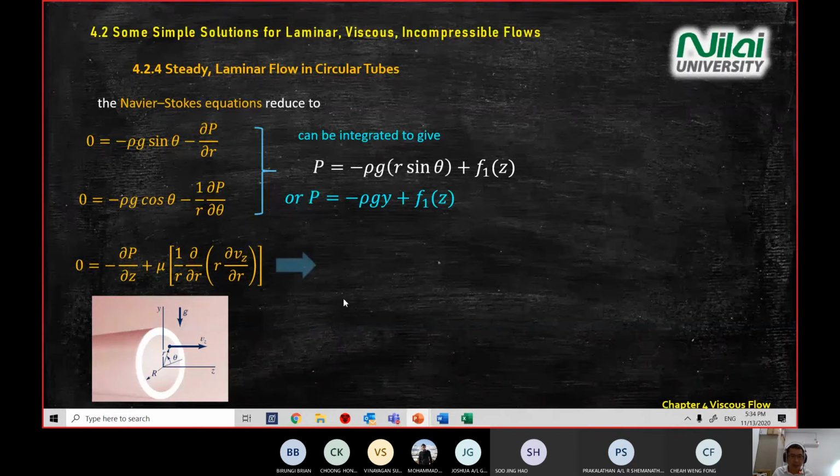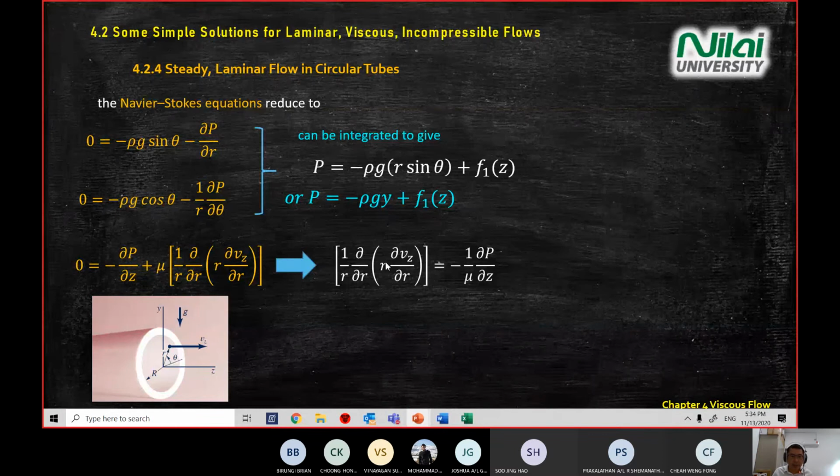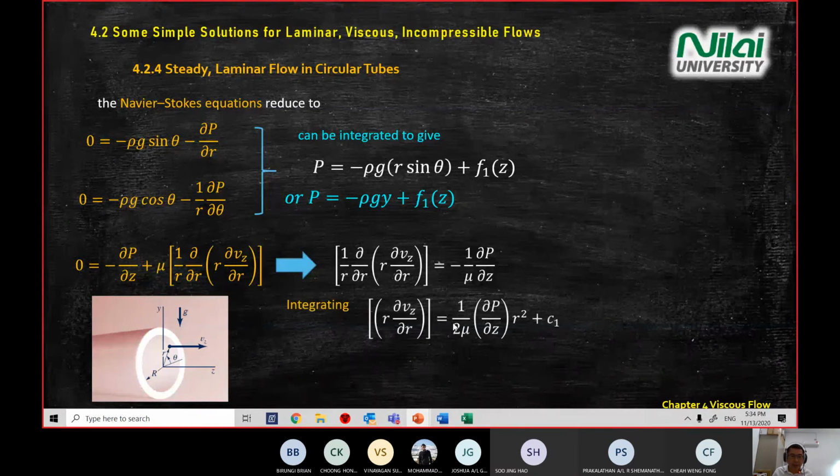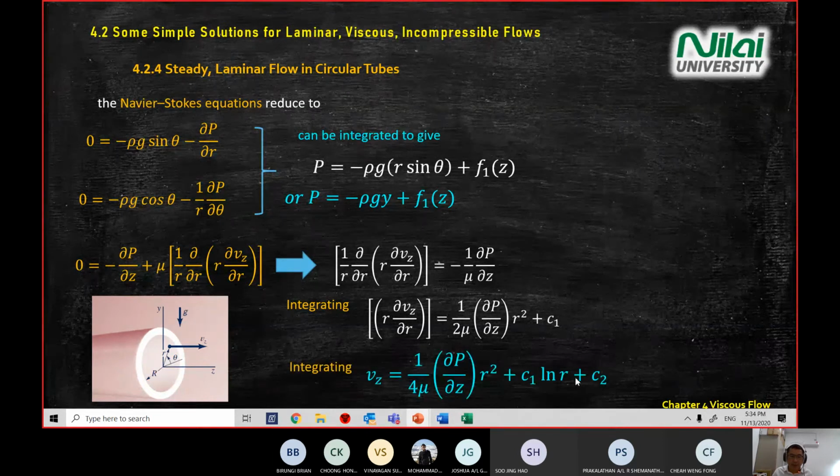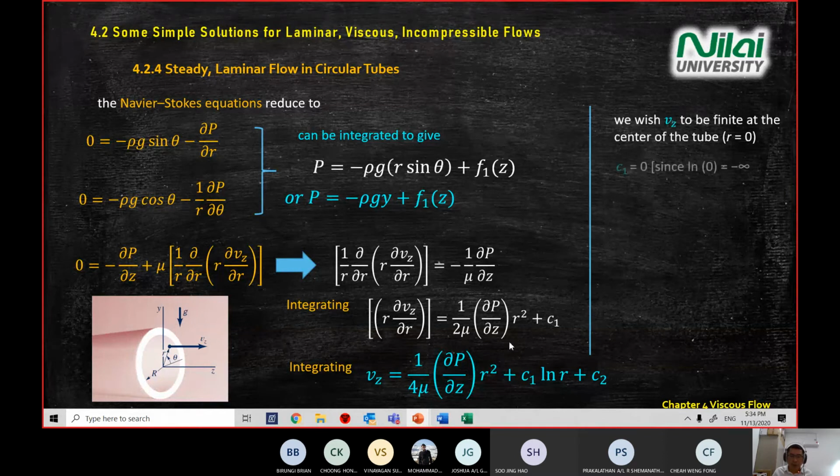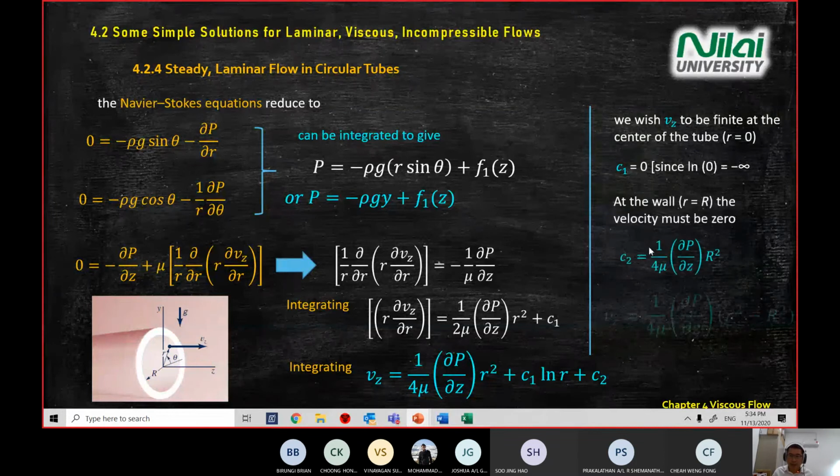You integrate, you rearrange, then you integrate, and you put in the boundary condition to cancel out the constant value, like what we did just now for parallel plates. You get your C2, substitute in, and you get this term.